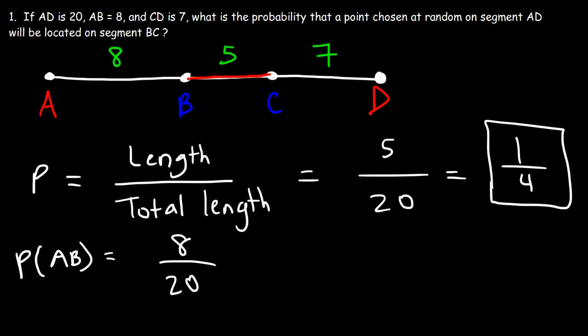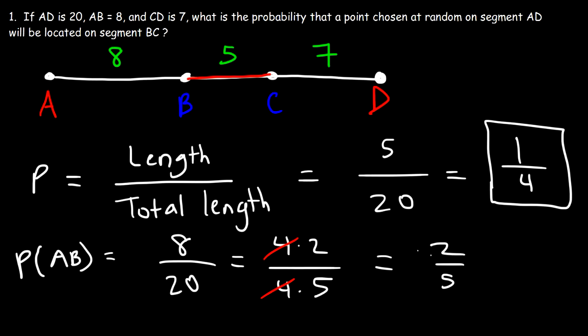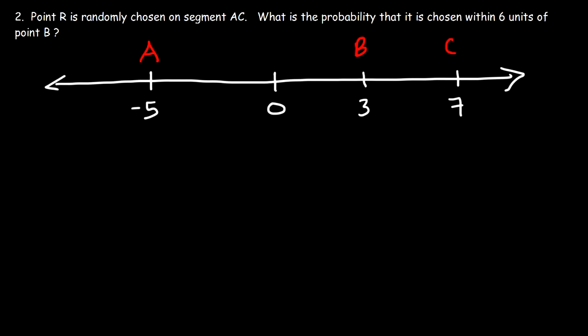And so the probability is going to be 8 out of 20. And then you can reduce it. 8 is 4 times 2. 20 is 4 times 5. So we can cancel a 4. And so the probability of selecting a point at random on AD that can be found on AB is going to be 2 out of 5. So it's based on length for these types of problems.